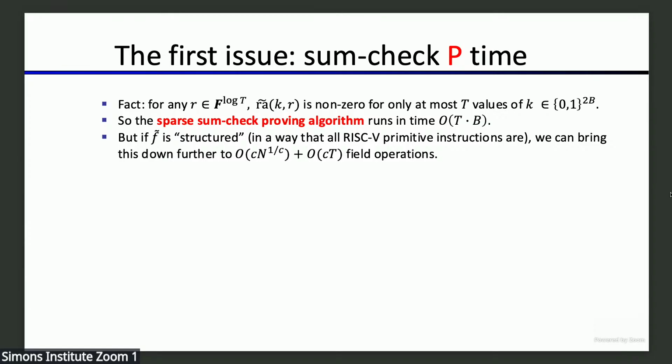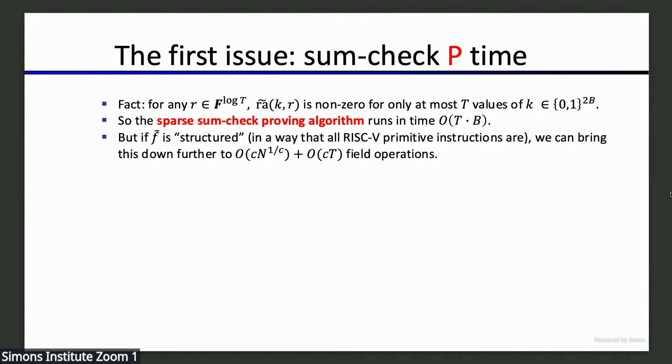But remember I said that algorithm takes time t per round, and there are 64 rounds. So we're not happy with that. It turns out that these primitive instructions for RISC-V are so structured that you can get rid of this factor that depends on the machine word size and really get the costs I stated before.